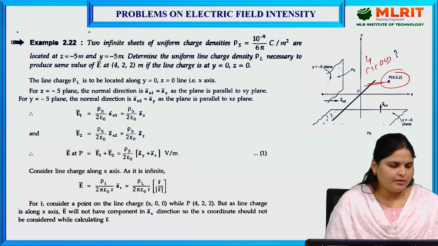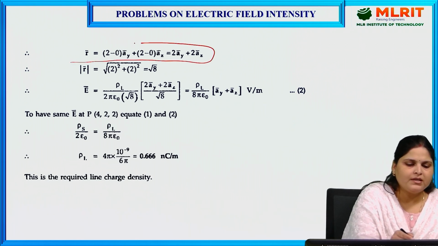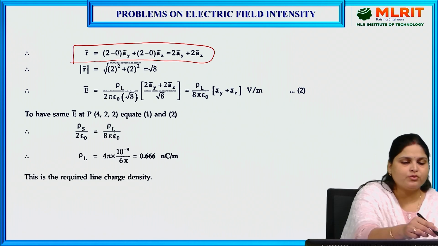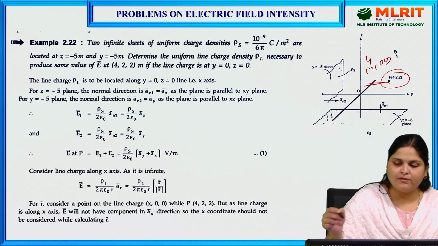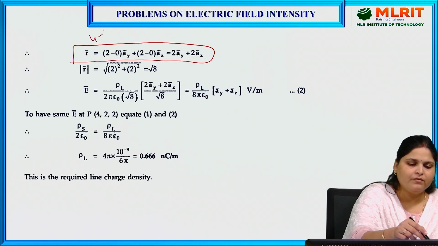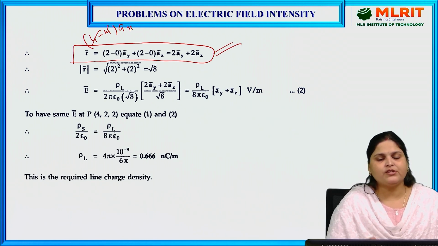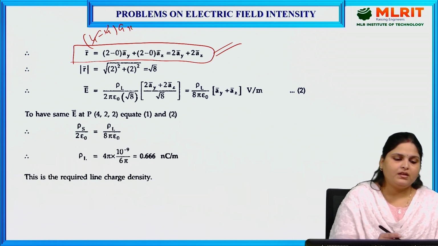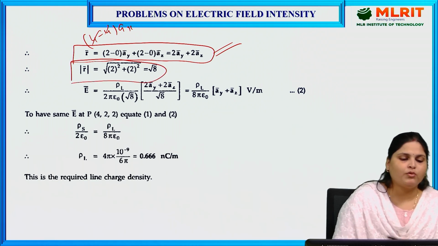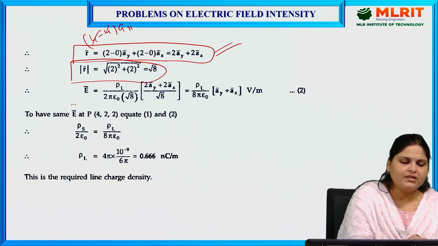So let's write the formula for r. It is (2 minus 0) ay plus (2 minus 0) az, and here we have 4 minus 4 ax, so it will be cancelled. We get the equation of r as 2ay plus 2az. Then the mod of r is equal to the square root of 2 square plus 2 square, meaning square root of 8, meaning 2 root 2.